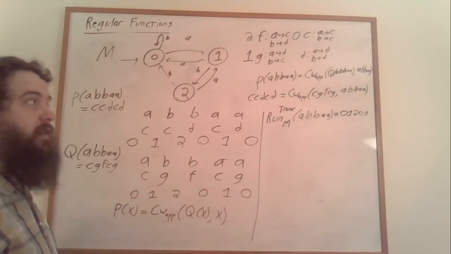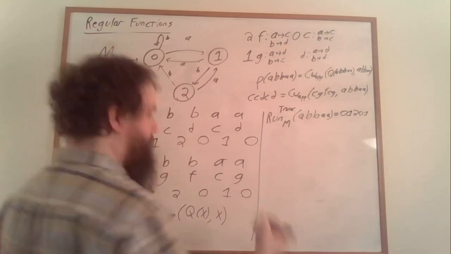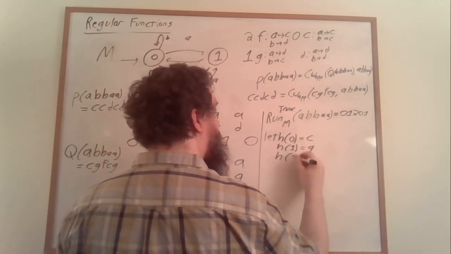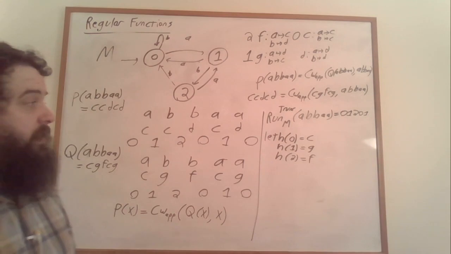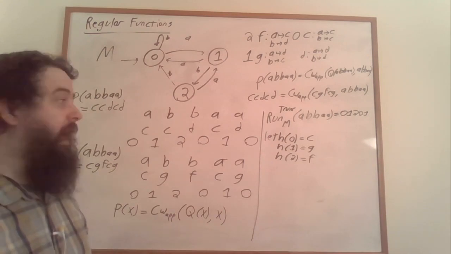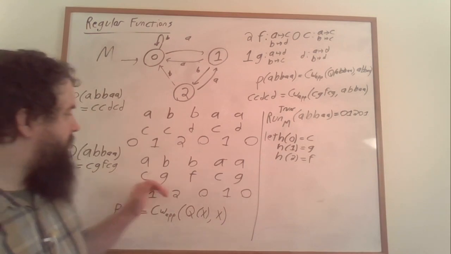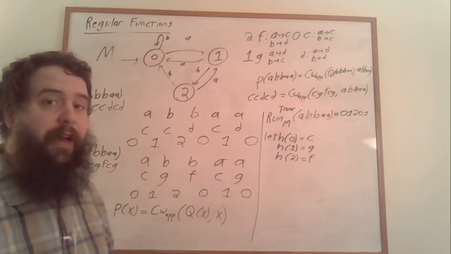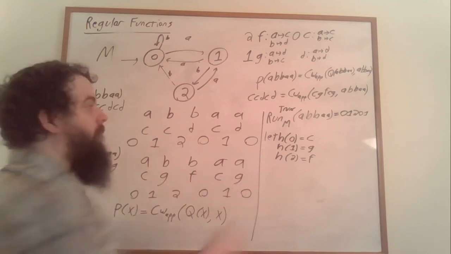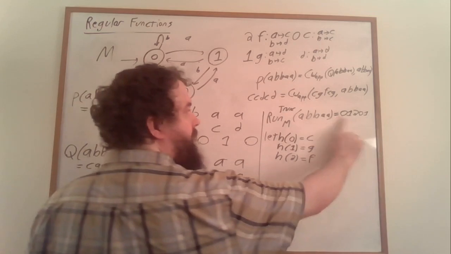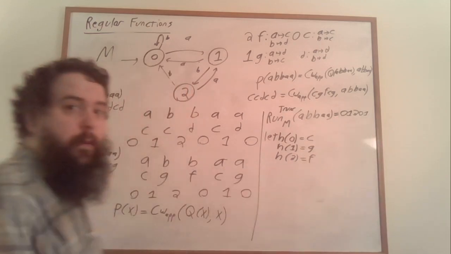In other words, if we define a new function that takes 0 to C, 1 to G, and 2 to F, then this output here, our Q of X, is just going to be H applied character-wise to this run here.